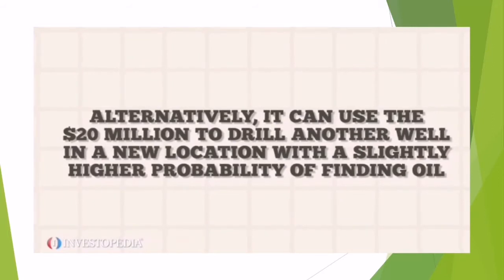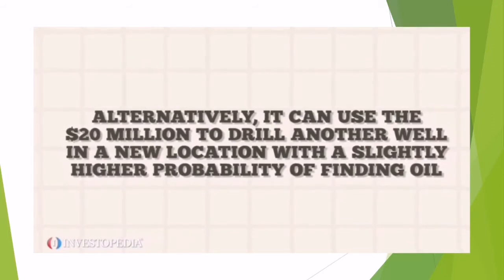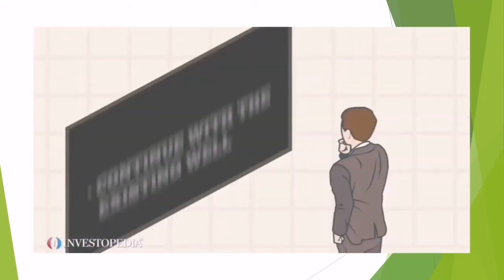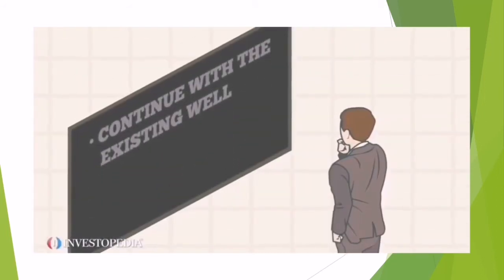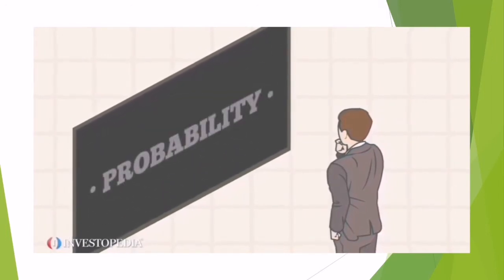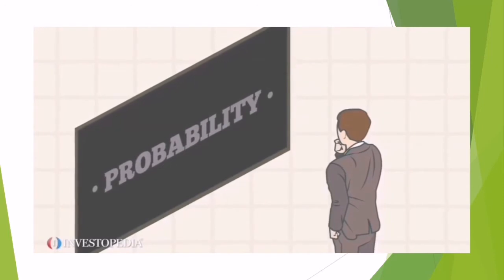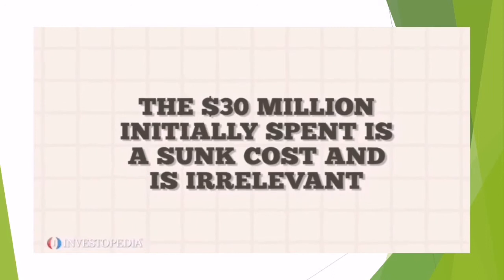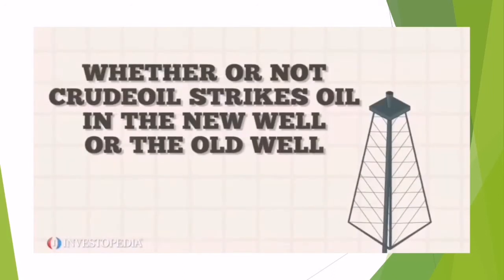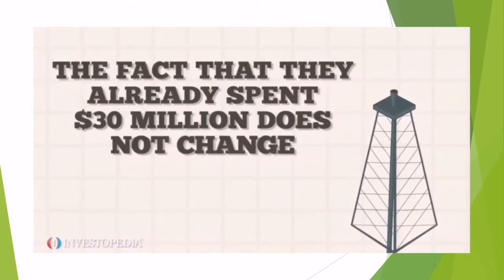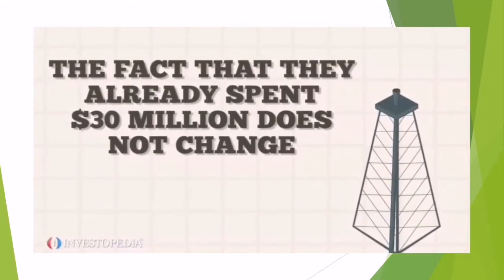Alternatively, it can use the $20 million to drill another well in a new location with a slightly higher probability of finding oil. The decision to continue with the existing well or drill a new one should be based on the probability of hitting oil in the existing well versus the new location. The $30 million initially spent is a sunk cost and is irrelevant. Whether or not Crude Oil strikes oil in the new well or the old well, the fact that they already spent $30 million does not change.